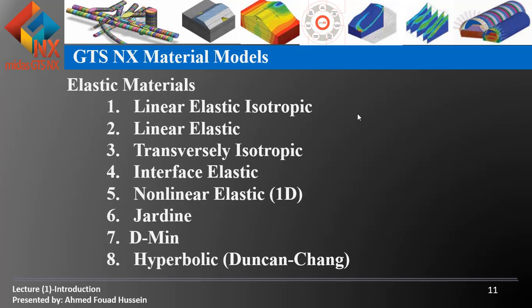So about the GTS NX constitutive models. I said there are a lot of models in the material library of GTS NX, so we're going to divide them into main categories. The first category is the elastic material, and in elastic material we can find these models: linear elastic isotropic, linear elastic transversely isotropic, interface elastic, nonlinear elastic, Duncan-Chang, and hyperbolic.